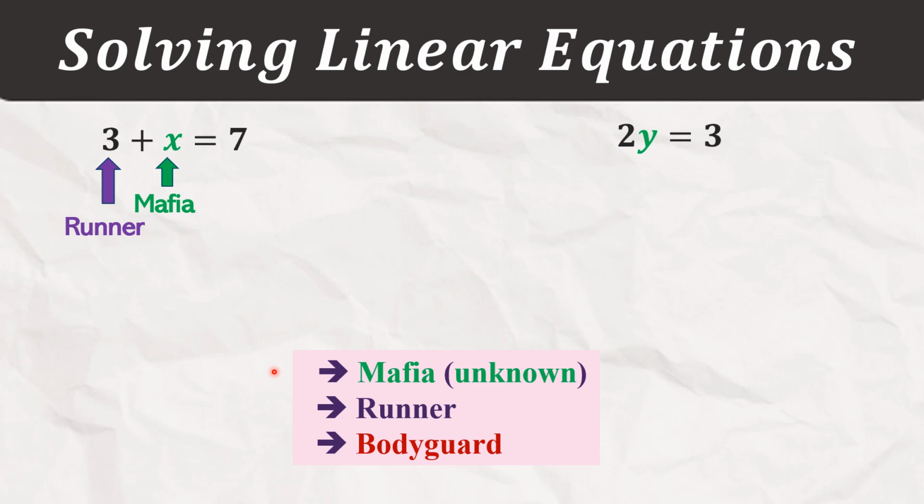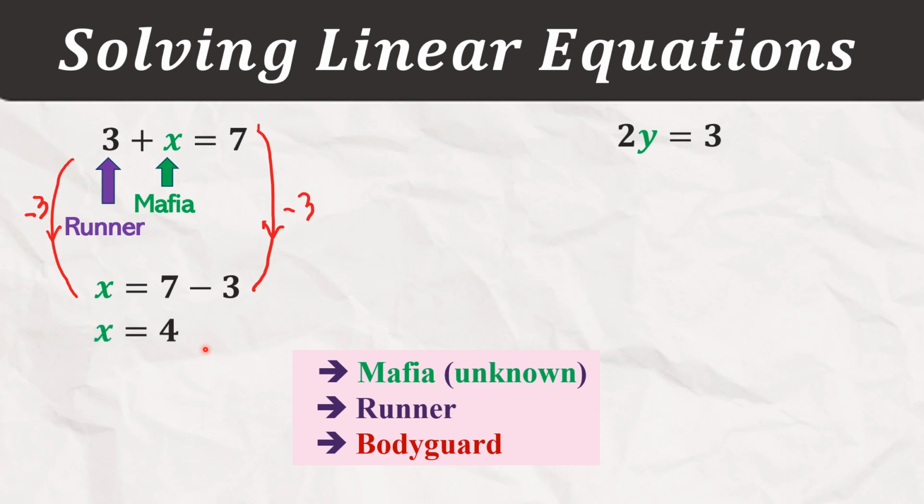To remove the runner, I need to reverse the operation, so I will take away 3. If I take away 3 on the left hand side, I will also take away 3 from the right hand side. With this, I easily find x equals 7 minus 3, which gives the answer x equals 4. This is a very basic equation.